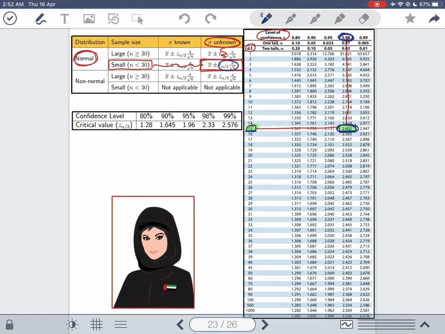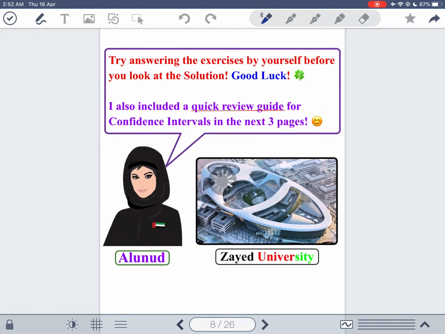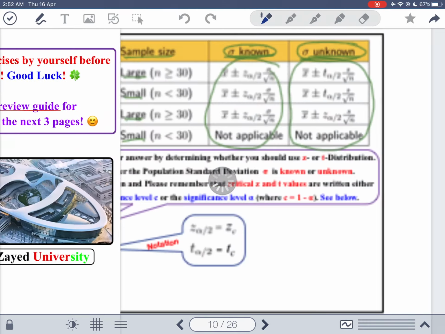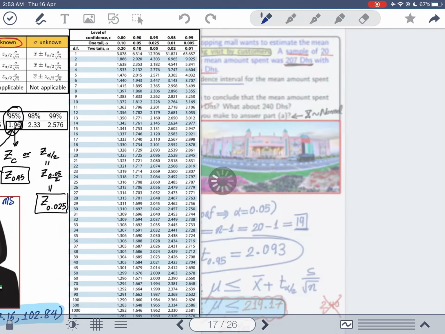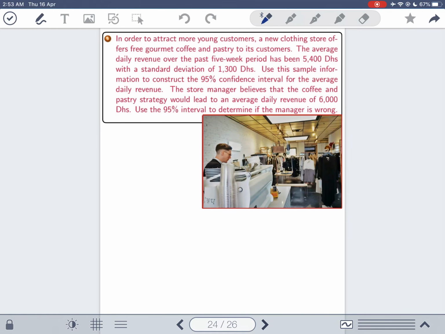Is it possible? Think about it. In fact, in the question of Alunud, if you have solved it already, the multiple choice, the one here, it's asking you to find the sample size. So if you solved this already, then you understand the question that I'm asking now. You could even understand this question without solving, but please solve Alunud multiple choice question.